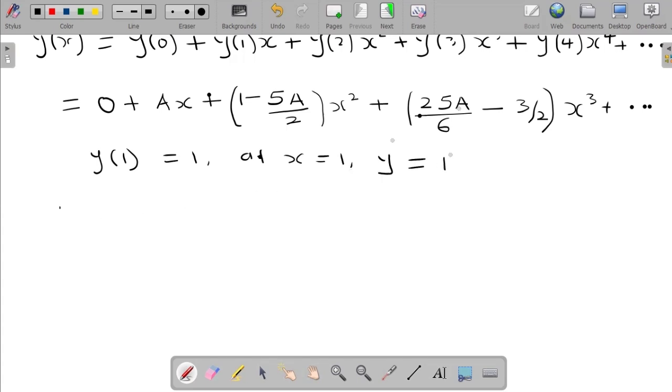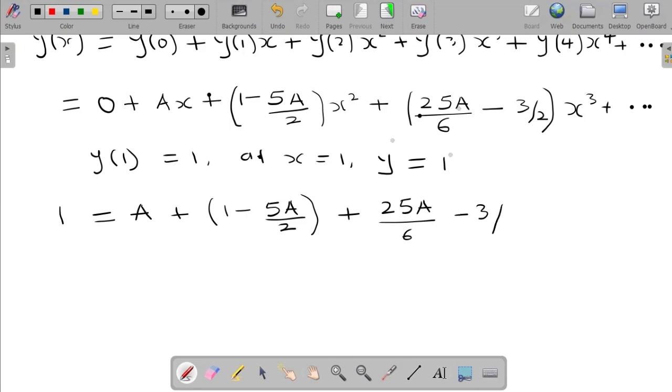So from that, when we introduce that, we are going to have a plus 1 minus 5a over 2 plus 25a over 6 minus 3 over 2.